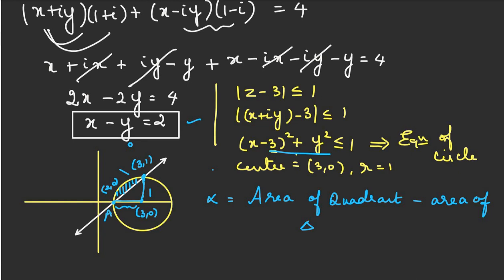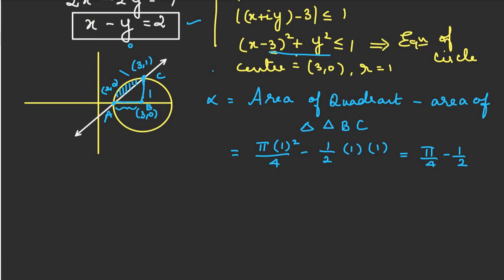So the area of the quadrant of the circle is pi r squared divided by 4, so pi into radius 1 the whole squared divided by 4, minus the area of the triangle, half into base 1 and height also 1, which gives pi by 4 minus 1 by 2.